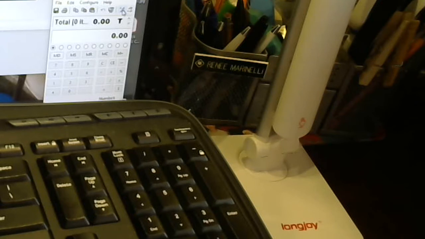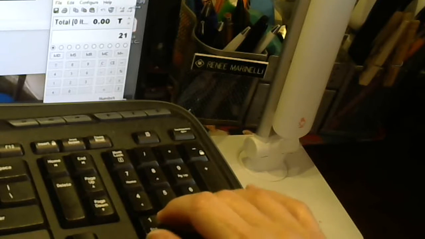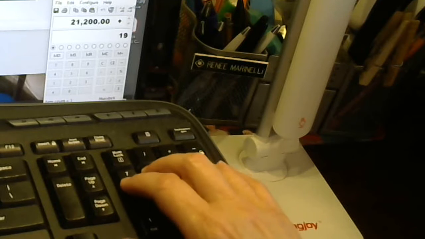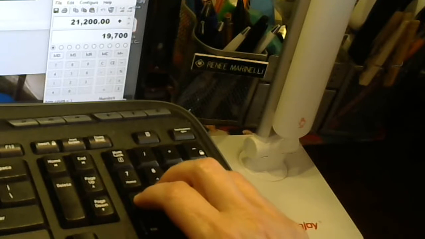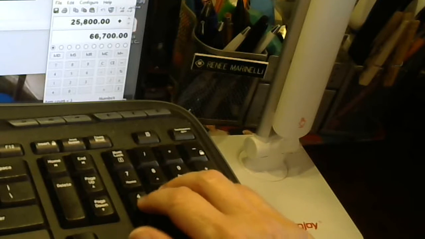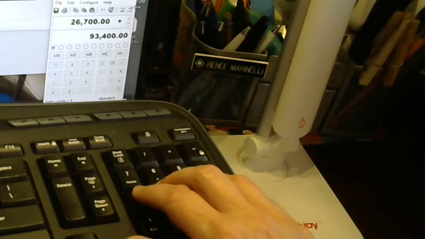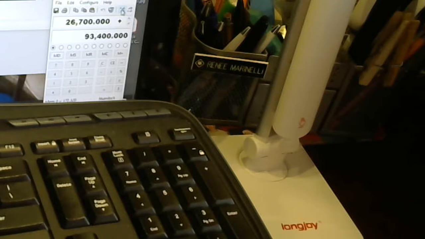So always make sure your memory is clear, and we'll do small appliances going across, 21,200 plus 19,700 plus 25,800 plus 26,700 plus, and this one is whole numbers, so 93,400 is the total sales for small appliances for 4 weeks.